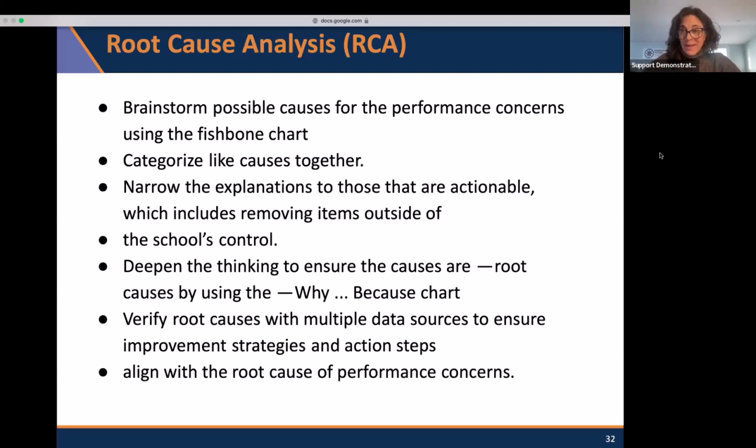Take out anything that's outside of the school's control. Use this 5 whys chart or protocol to really dig in deep there by repetitively asking why. And I have some models. And then you're going to verify, just like I said earlier, with multiple data sources. And then you're going to align them with whatever the performance concerns are.